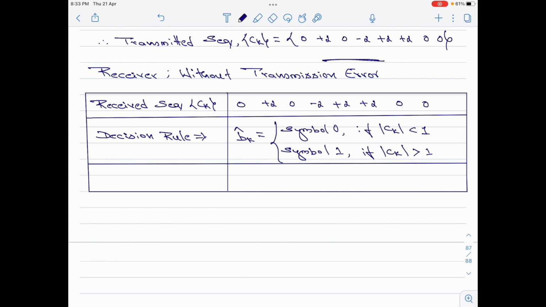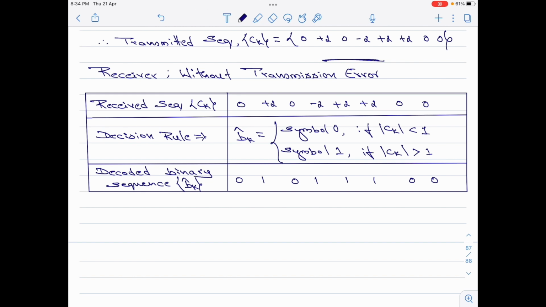Therefore, the decoded binary sequence is given by, here wherever the magnitude of Ck is less than 1, you put a 0, and wherever the magnitude of Ck is greater than 1, you put a 1.